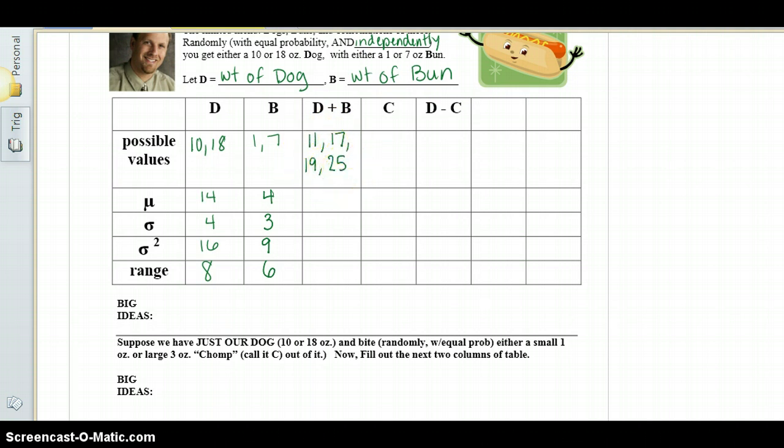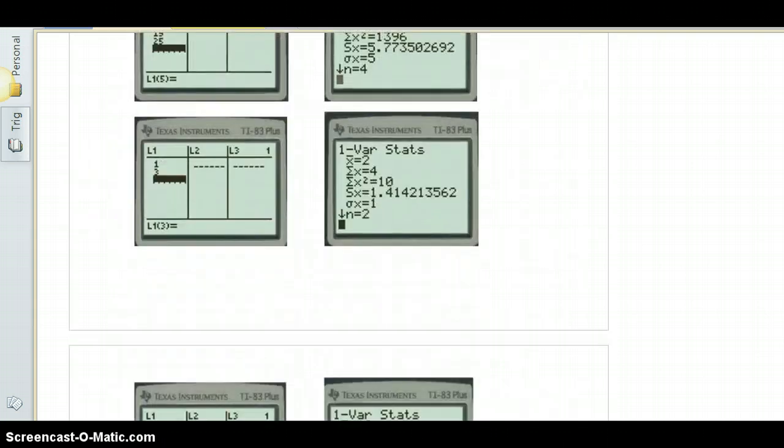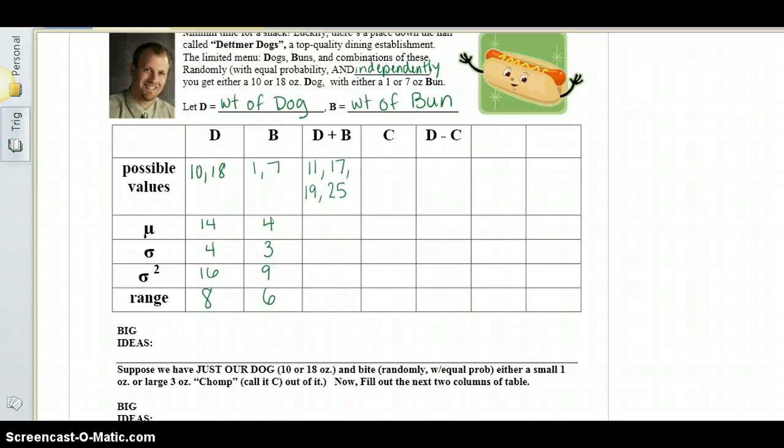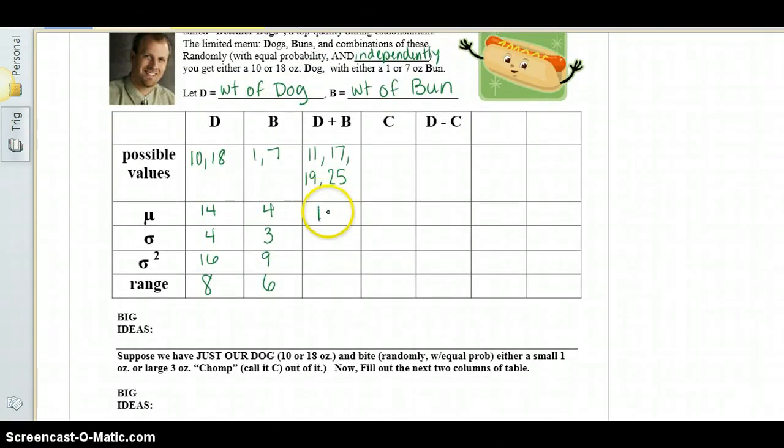Then you can put those 4 values in your calculator, and the mean is 18 and the standard deviation is 5. So the variance would be 5 squared, which would be 25. And the range would be the biggest value minus the smallest value, so 25 minus 11, which is 14.